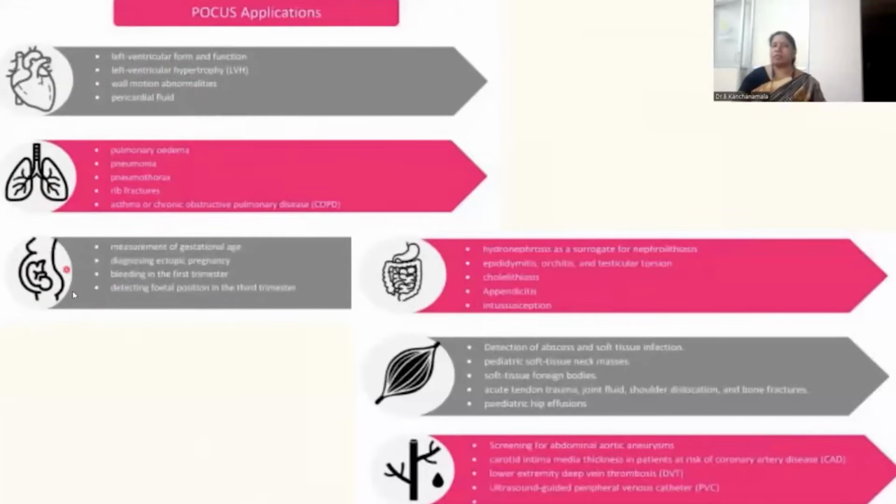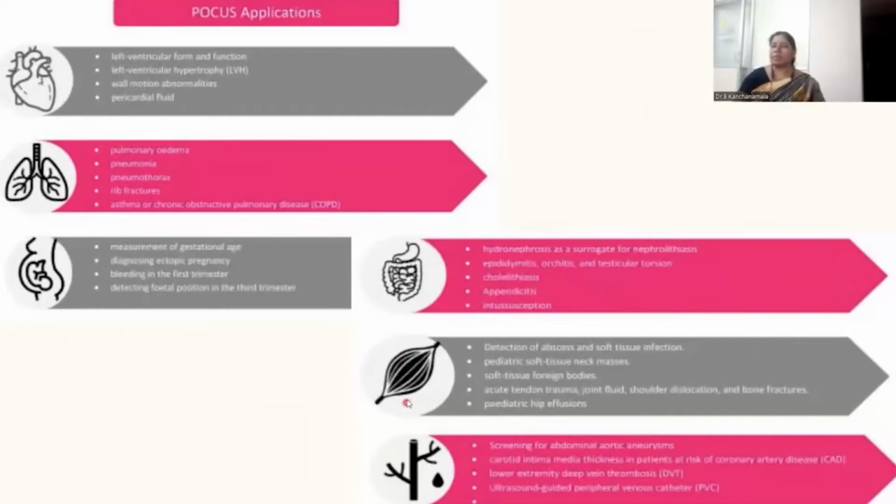With regard to antenatal women, we can find out if it is an ectopic pregnancy, detect the gestational age, whether there is bleeding, and the fetal position can also be identified. With regard to abdominal scans, we can find out whether it is hydronephrosis, epididymo-orchitis, torsion, cholelithiasis, cholangitis, cholecystitis, appendicitis, or intussusception.